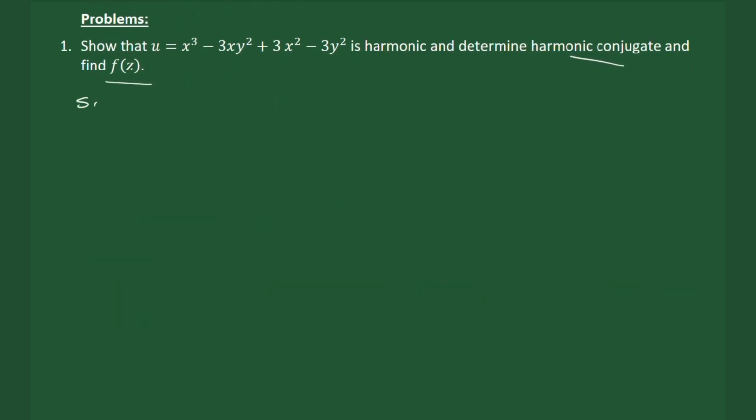Let us first prove that u is harmonic. To prove u is harmonic, we have to check the Laplace equation. Always remember the Laplace equation: dou square u by dou x square plus dou square u by dou y square is equal to 0.